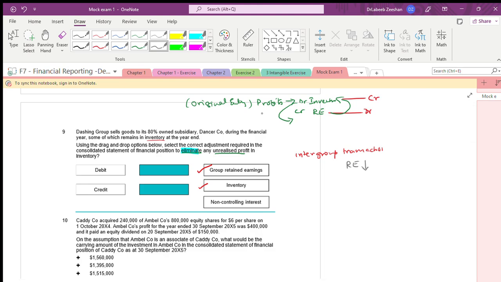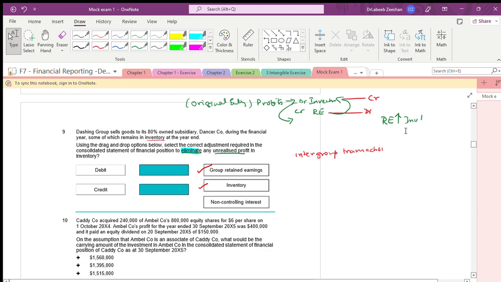Next, we are talking in terms of inventory. One minute, it should be like this. If it is in the original entry, retained profits will increase and inventory will decrease.